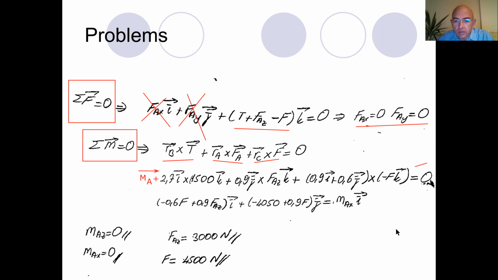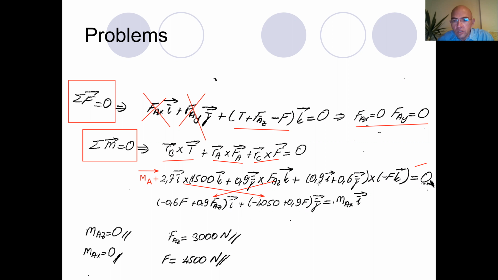This gives us this value minus 4050. Then I have 0.9 j vector here. j times k will give me a positive i vector. From here, I obtain this term.